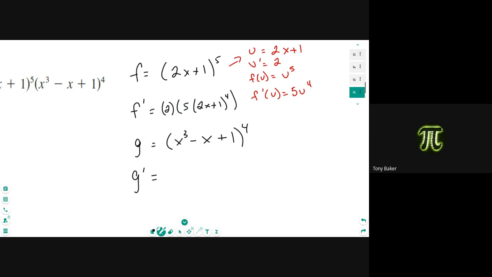Don't boil it all out, don't do any of that, just leave it in the base function when you get the product.